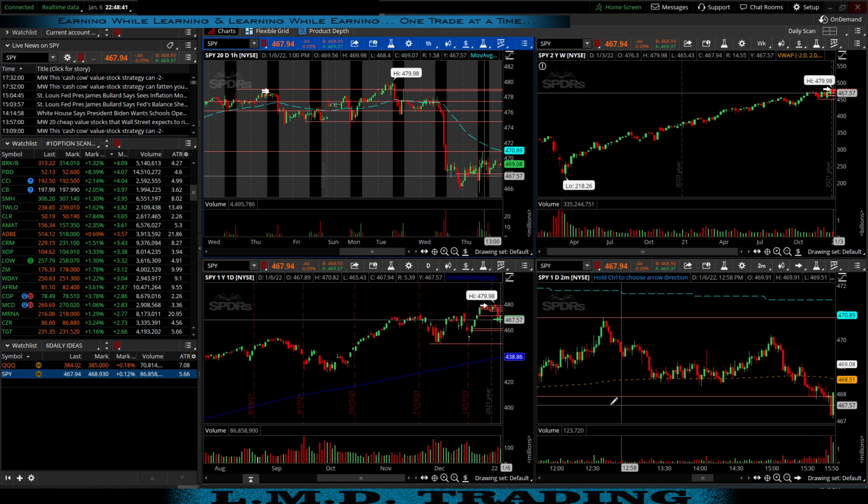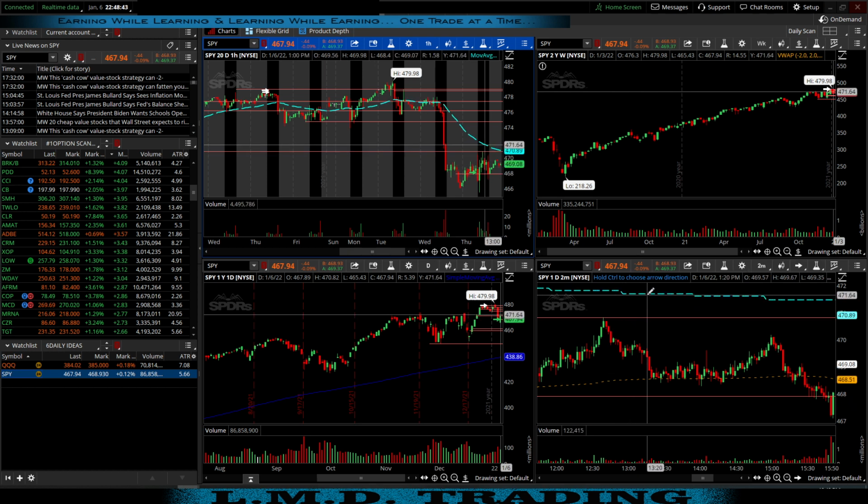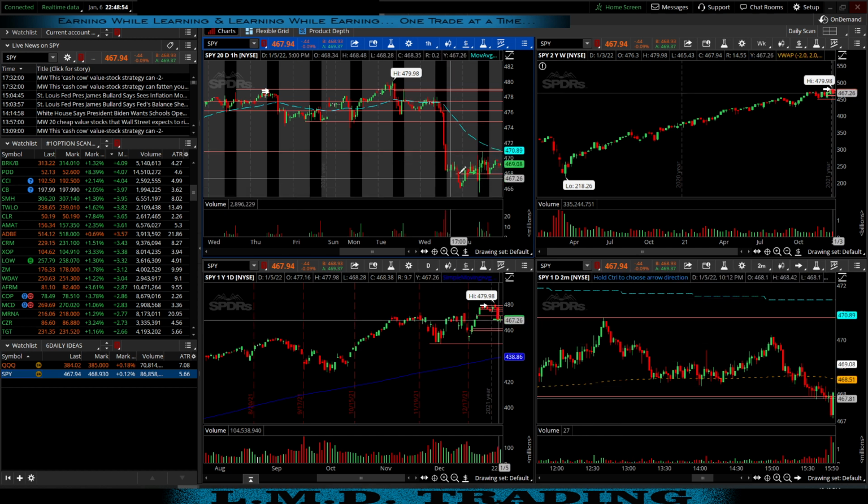And then I have the 50-day exponential moving average. And this one on the 2-minute, the time frame for this is set to hourly. So if you notice up at the hourly chart, you see that the 50-day is at 470.89.